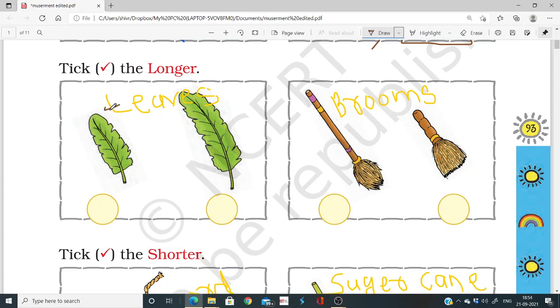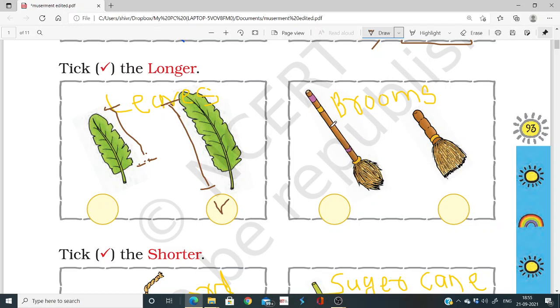You can measure the length and breadth of the leaves. Here also you can clearly see this is longer than this leaf, therefore you have to take this one. The length of the second leaf is longer than the first leaf.